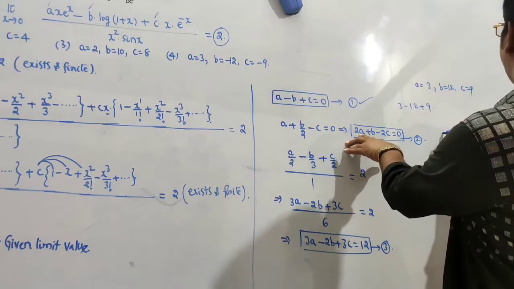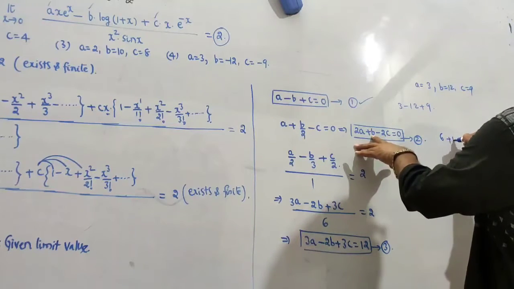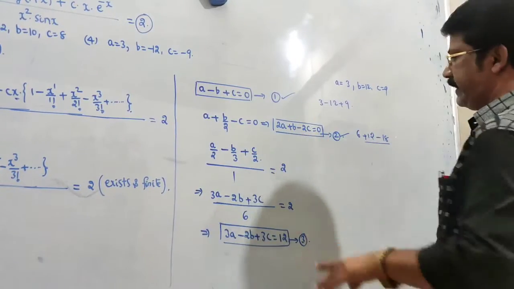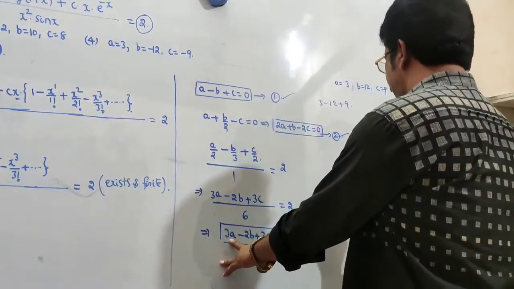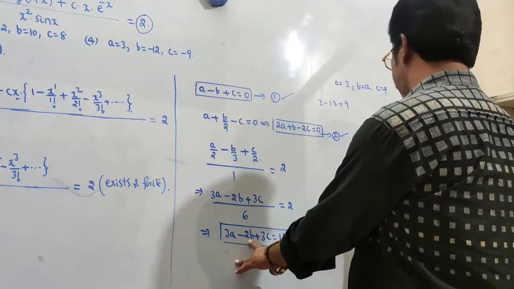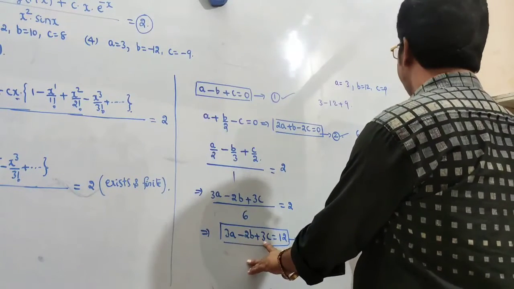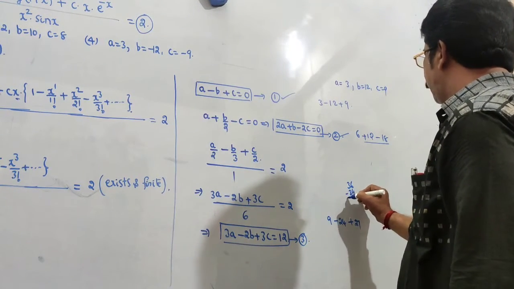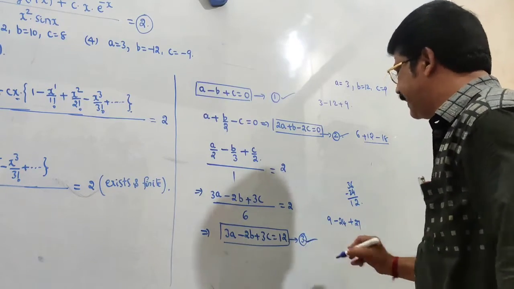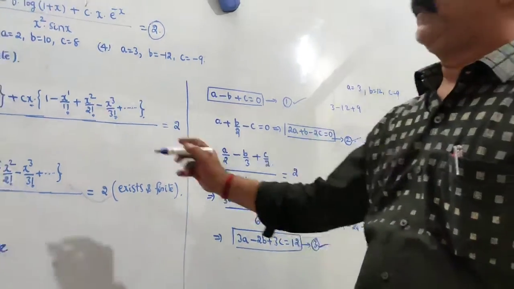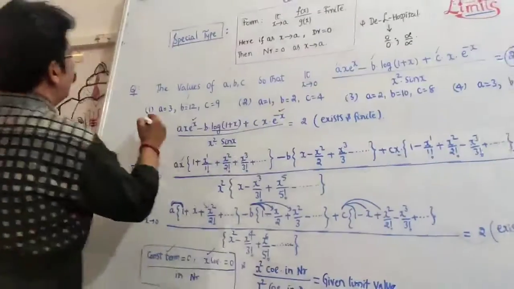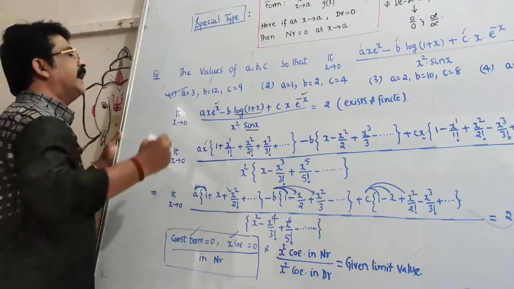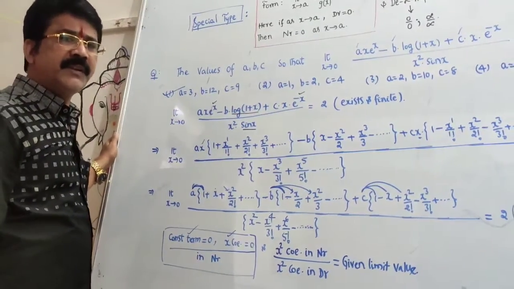Second equation: 2a means 6, plus b means 12, minus 2c is 18, so it is also satisfied. Next 3a means 9, minus 2b means 24, plus 3c is 27. It is 36 minus 24, which is 12. So the three equations are satisfied for the first option. We need not verify the other options because the answer is unique. Only the first option is verified.